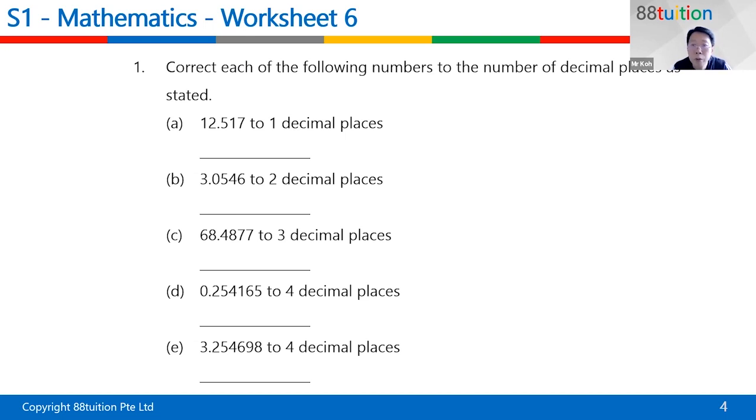Okay, very good. Okay, all three of you get all correct. Very fast. Okay, so actually rounding off to decimal places, you have no issues at all. All right, let's go on to the next group.